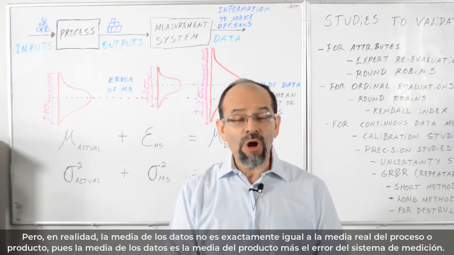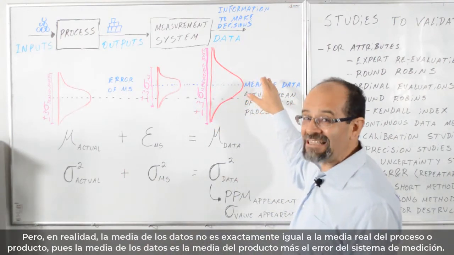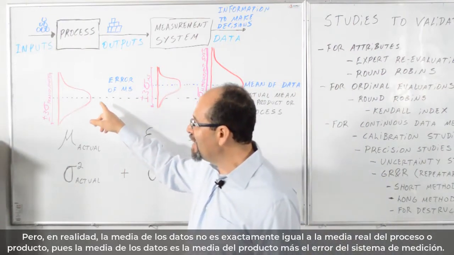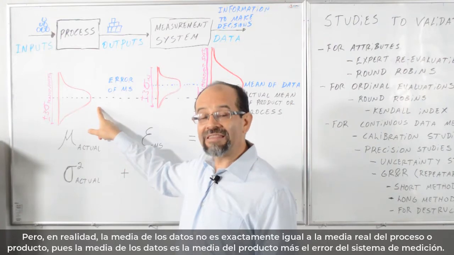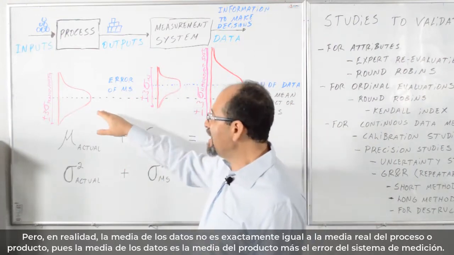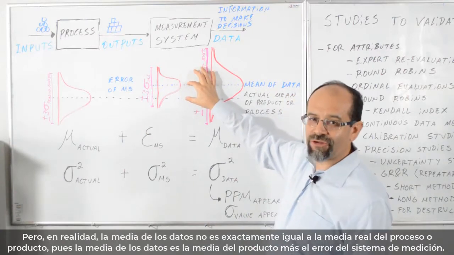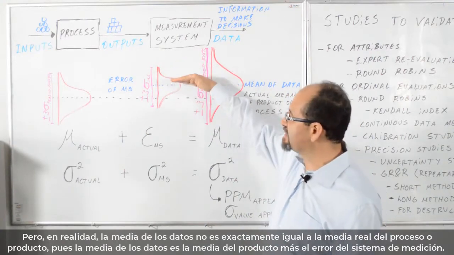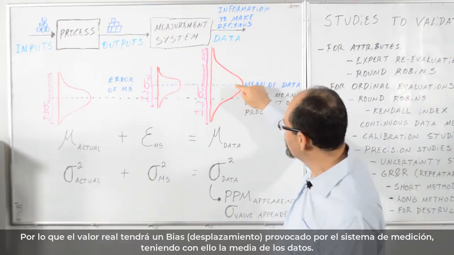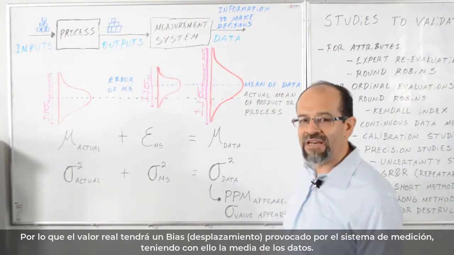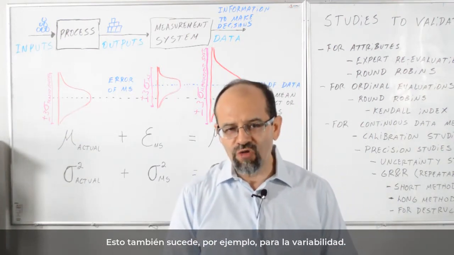But, well, in reality, the mean of the data is not exactly the same as the actual mean of the process or product. The mean of the data is the mean of the product plus the error of the measurement system. So we are having a bias created by the measurement system, and that will be the mean of the data. That happens also, for instance, for variability.